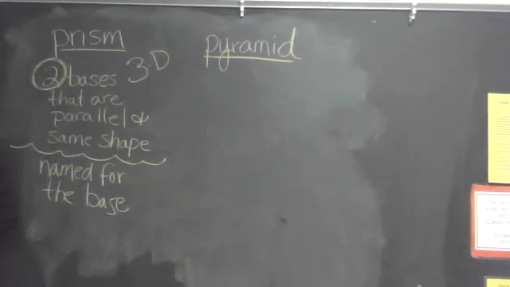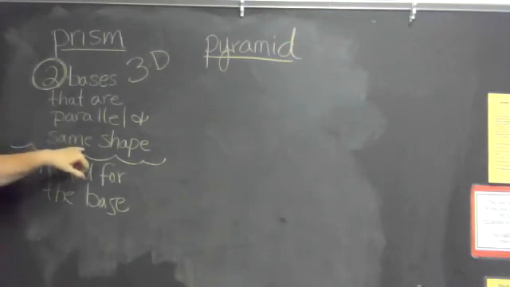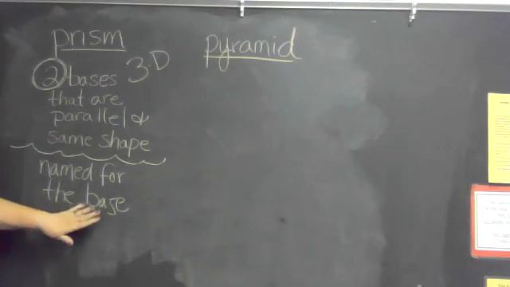You can have a hexagonal prism, which means the two parallel bases are hexagons, and so on and so on and so on. Prisms have two bases. This is a big deal. Two bases that are parallel and the same shape, and you'll know what the bases are by their name.